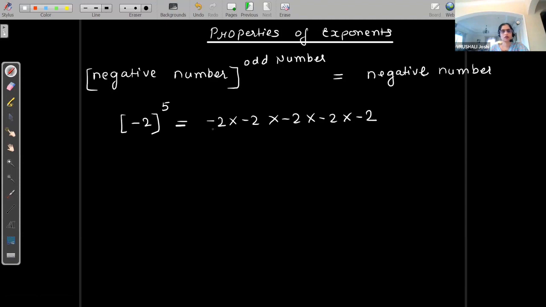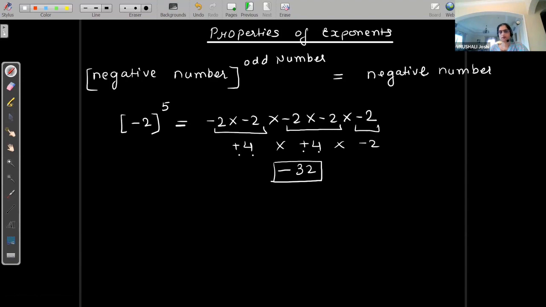Check. -2 into -2 gives +4. Then again -2 into -2 gives +4. And then this will give us -2. If you multiply this together, 4 times 4 is 16, times 2 is 32. But it is plus into plus, plus, and plus into minus, so you get a -32 answer. Are you guys understanding?